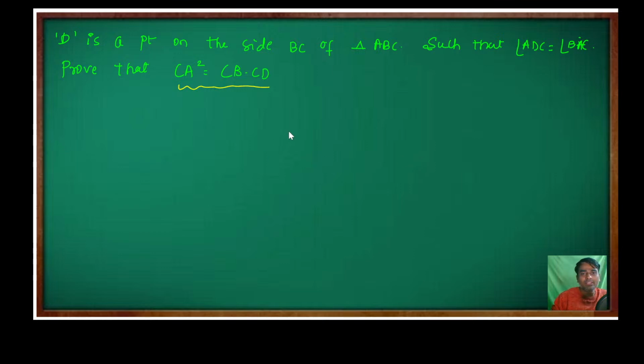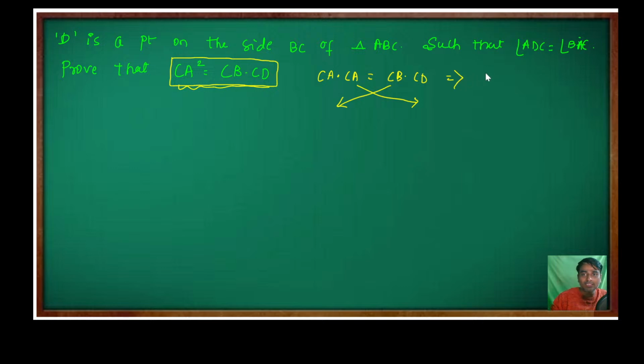So here, very simple thing. What you need to do first, the answer is in the question only. I'll just give you a tip for this. Just break it as CA into CA equal to CB into CD. Then just bring CB this side and take the CA that side.